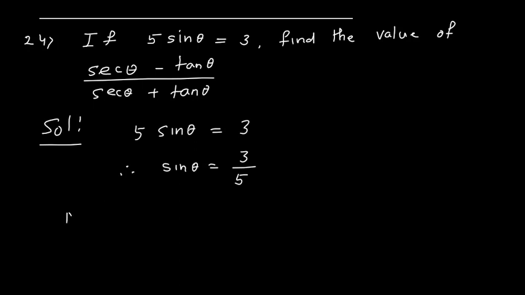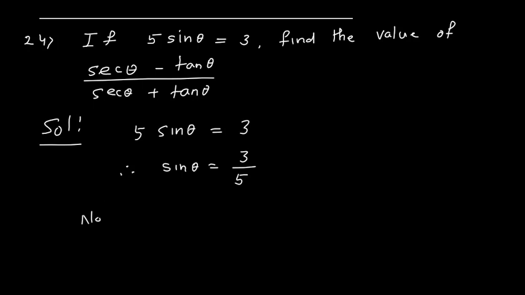Now we know the identity sin square theta plus cos square theta, or else what we can do, sin upon cos, this is 1 upon cos. Okay, so sin theta is 3 upon 5. Fine, I am not using this identity. Let us write what we have to find.